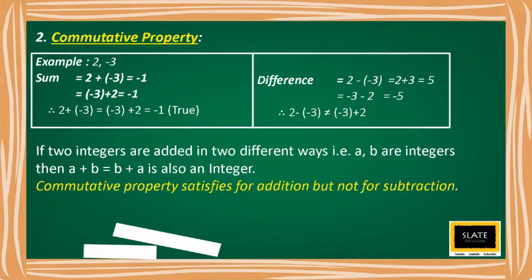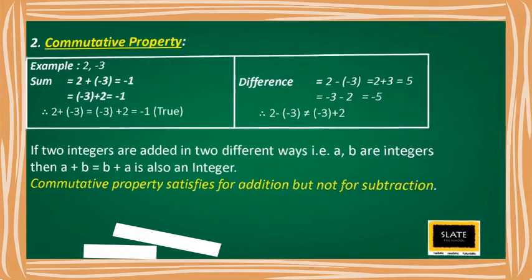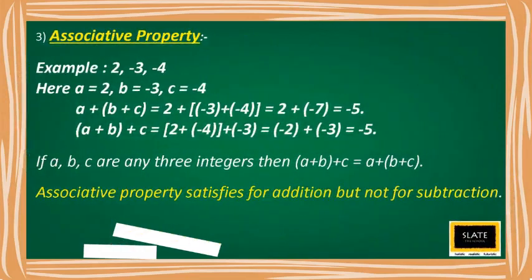Now let's see associative property. For example, add 2, minus 3 and minus 4. Let us add the following three integers by grouping them in different ways.